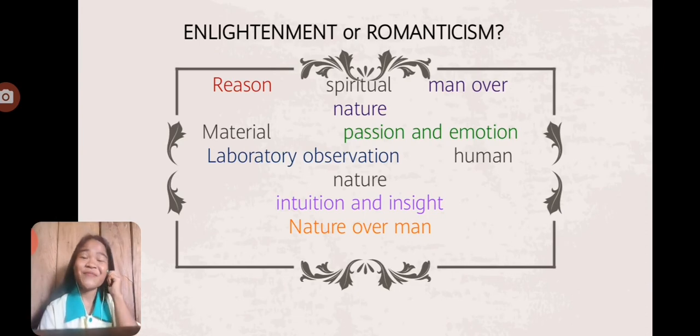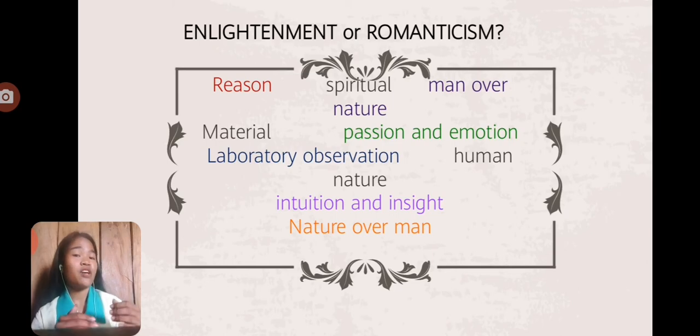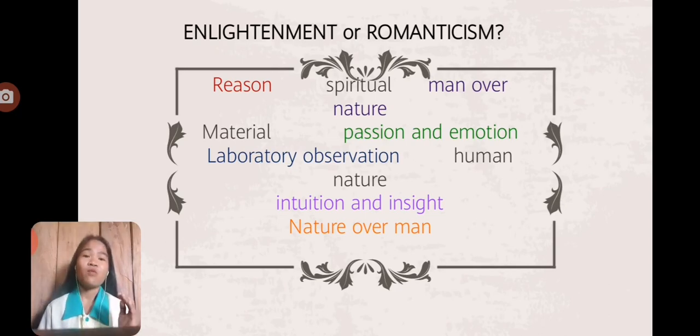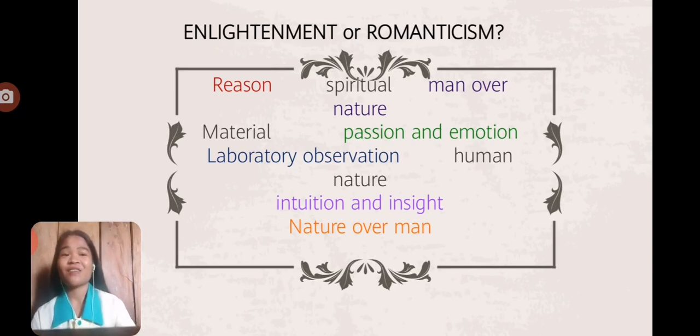So, as a break for our discussion, I have written here some words that we are going to classify as either Enlightenment or Romantic period. We have here: reason, is it Enlightenment or Romanticism?